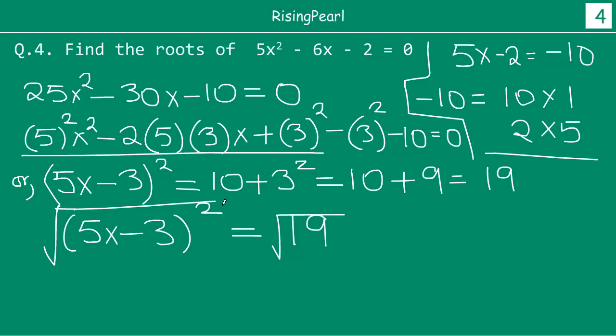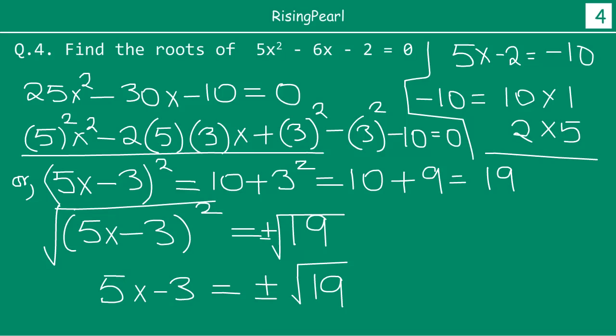So this will be equal to plus minus square root 19. Let's take each one of them separately one by one. So we have 5x minus 3 whole square, so this side will become 5x minus 3, equal to plus minus square root 19.